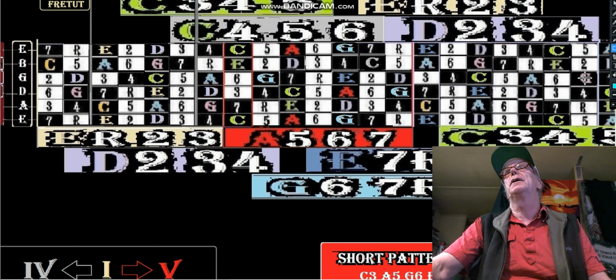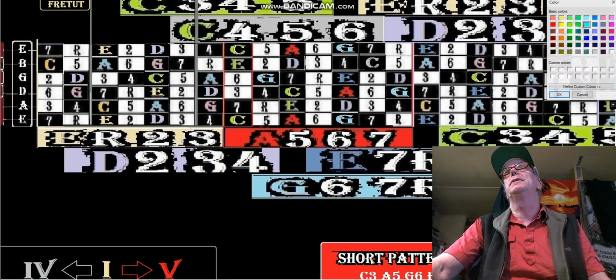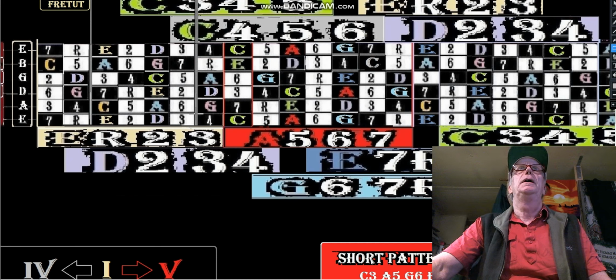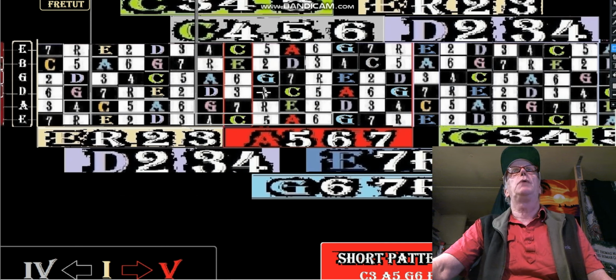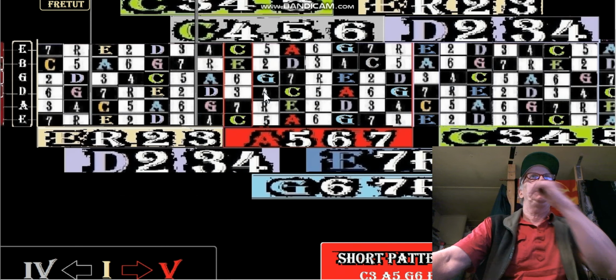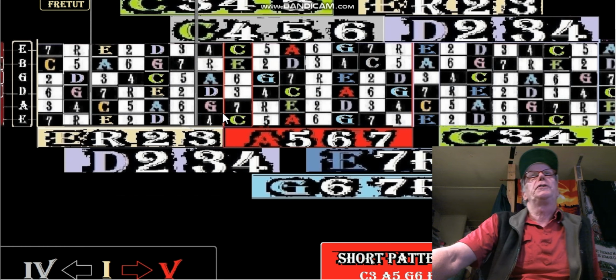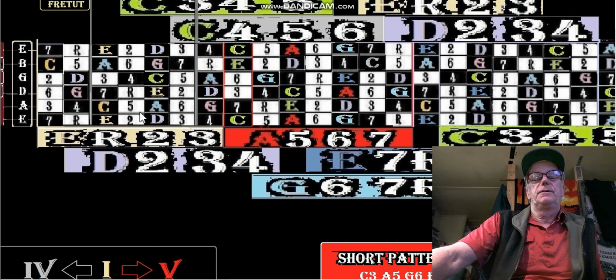Okay, what's our color? We want to deal with the Lydian color here. So it's gray. So here's our 4, 5, 6, and the guitar is set up to have the same notes here and here. So that's why we're interested in what's to the right and to the left.